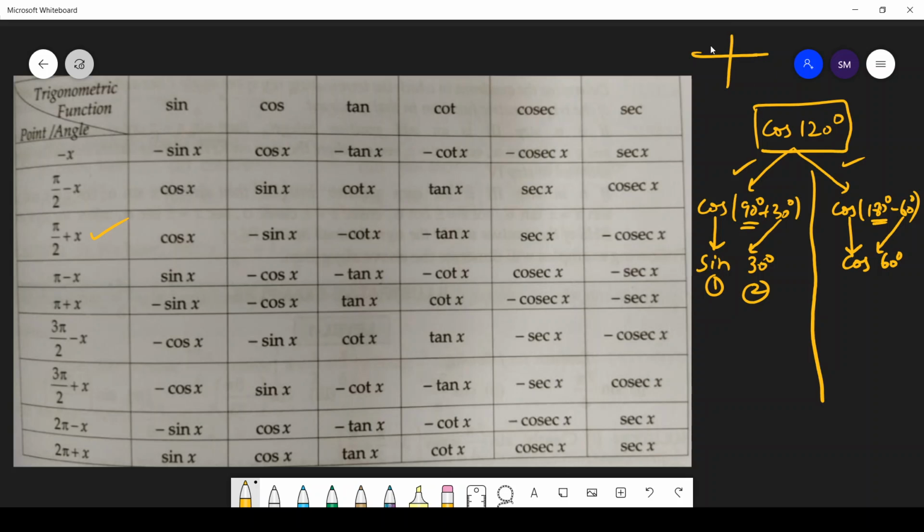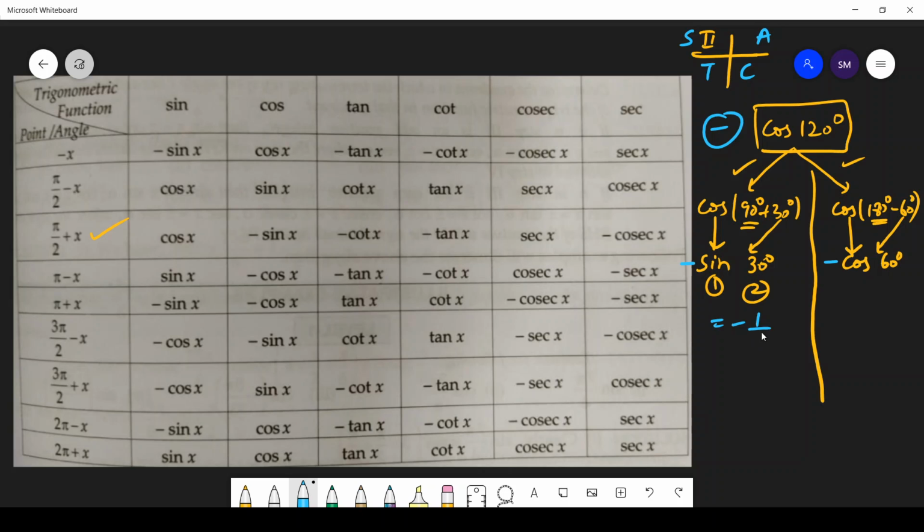Second quadrant. Good. In the second quadrant, is cos positive or negative? Negative. After school to college, so only sine is positive, but cos is negative. So this cos 120 is negative. So put the negative sign here, and you get the answer.